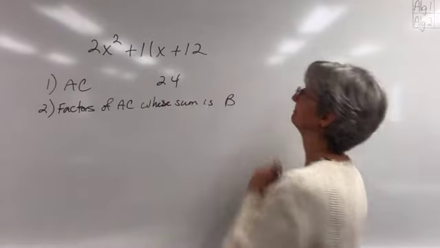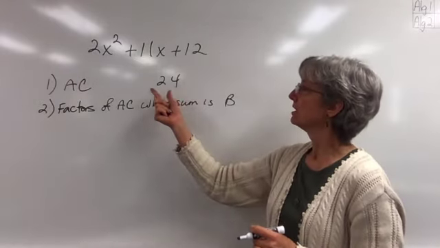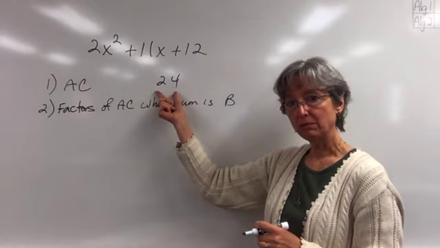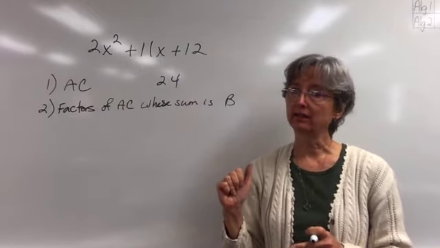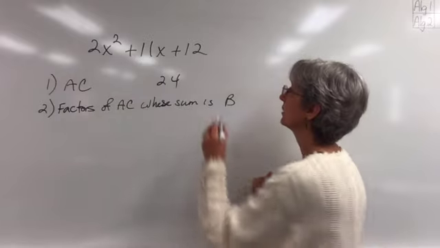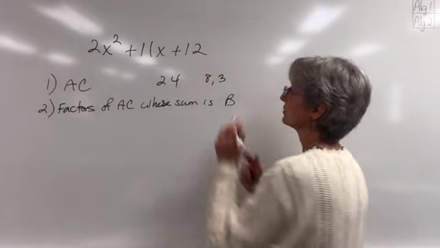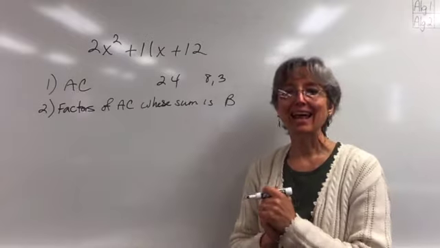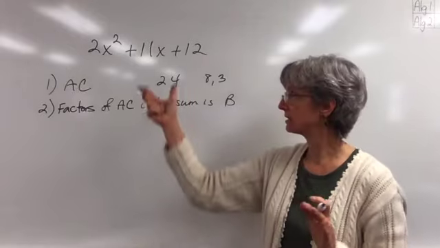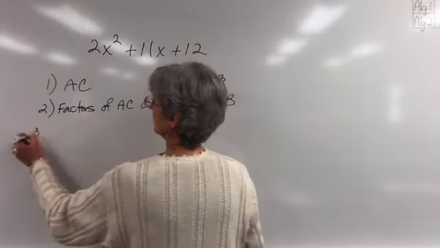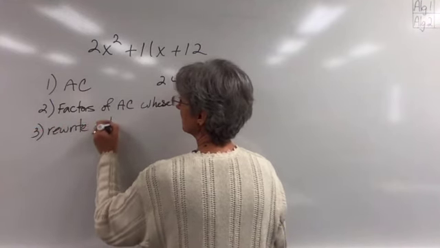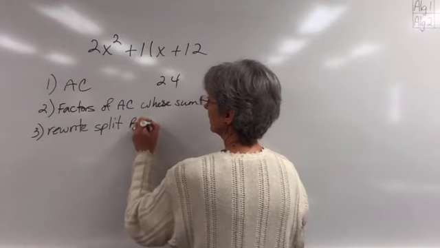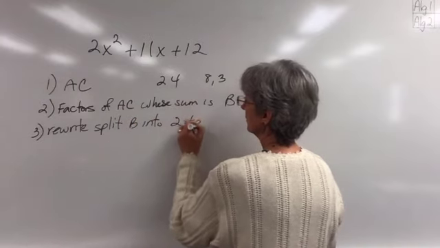All right, so two numbers that multiply to be positive 24 and add up to 11, and I think that would be 8 and 3, right? So we are going to do 8 and 3. So we've done that part. Now we are going to rewrite this equation, and we're going to split b into 2 terms.